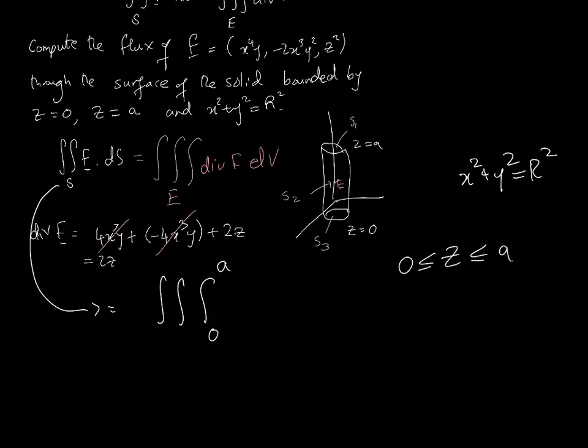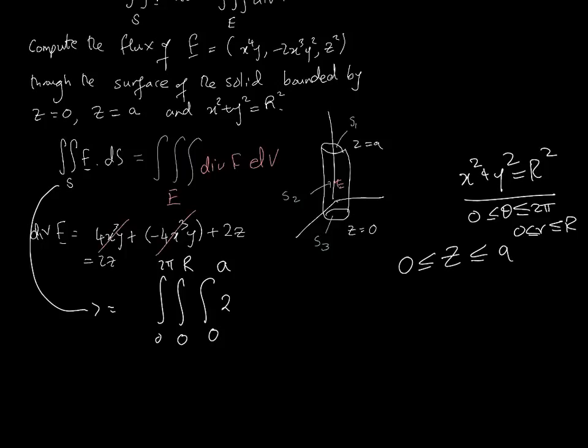In the xy plane, you're looking at a circle with radius r. So theta will be between 0 and 2 pi, and the radius r is between 0 and capital R.